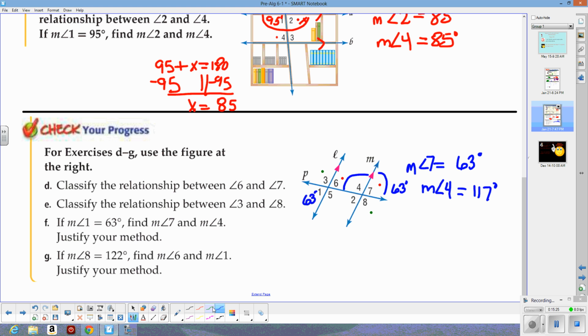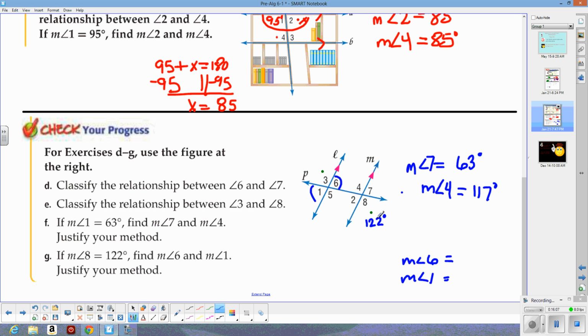Now we're supposed to find, if the measurement of angle 8 equals 122. So let's start over, and we're going to put 122 right here. We're supposed to find 6 and 1. Well, 6 and 1 are going to be the same size because they're vertical angles. But we need to first figure out what that number's going to be.